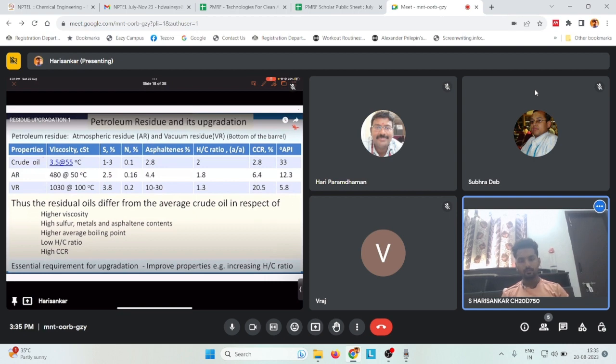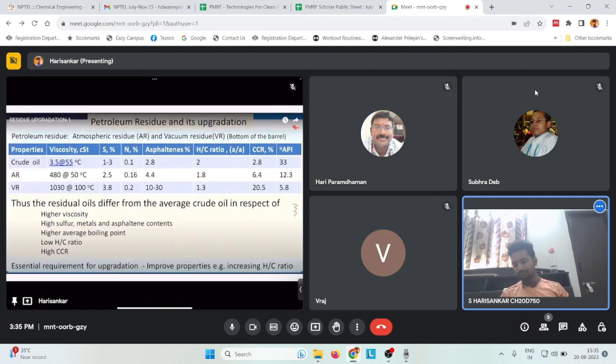Okay. Now it's fine. Right. So we'll resume now. If you look at this table here, we can see the properties of crude oil, and then this AR is atmospheric distillation residue, and VR is vacuum residue.